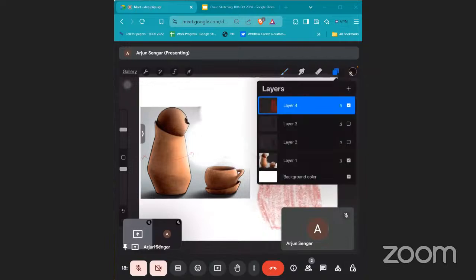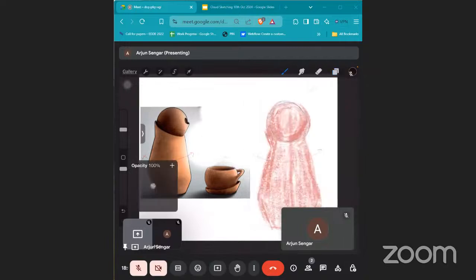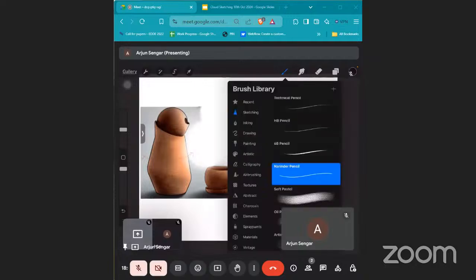Still I am not going to make it 100% correct. Still I am going to tentatively go over it, but this time my pencil was hovering from the tip side.